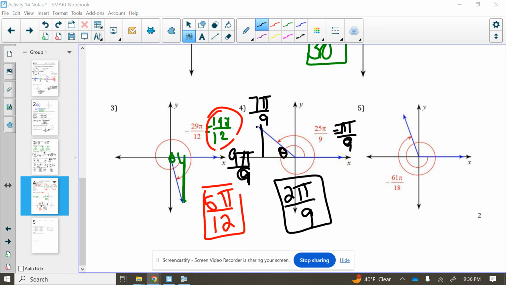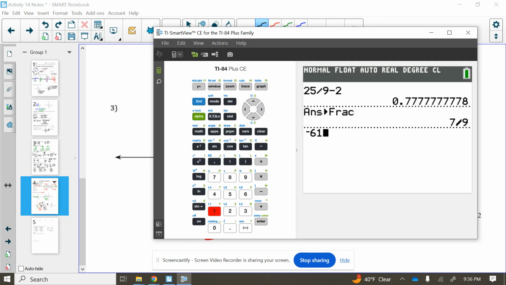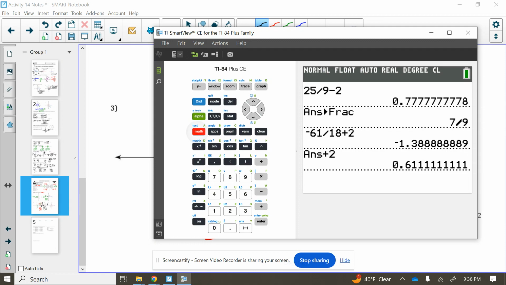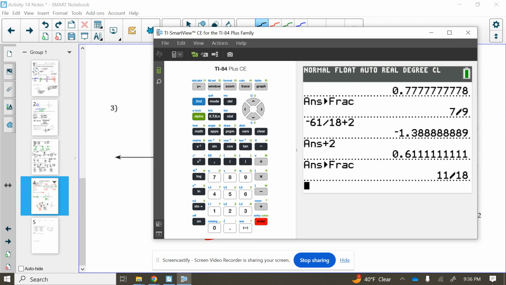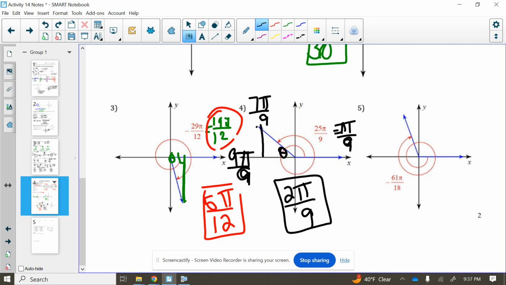Our last one over here, again, negative 61 pi over 18. It's awfully small. If we bring this back to being between 0 and 2 pi, if you math enter, we end up with this being equivalent to 11 pi over 18.